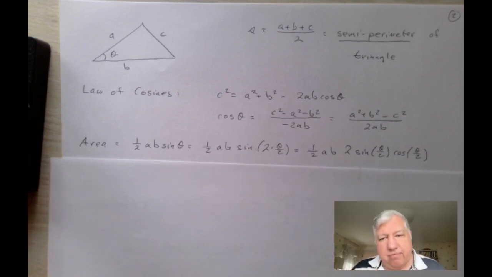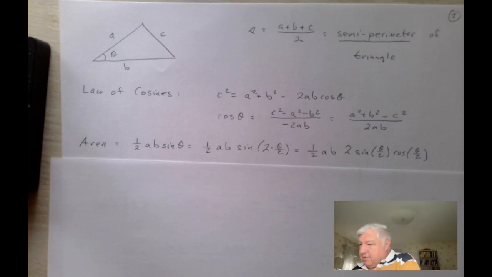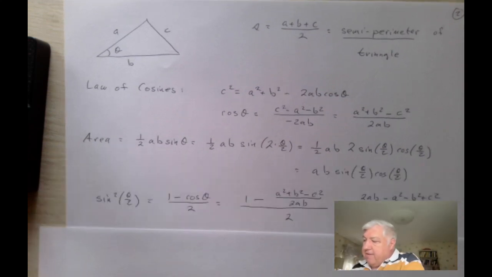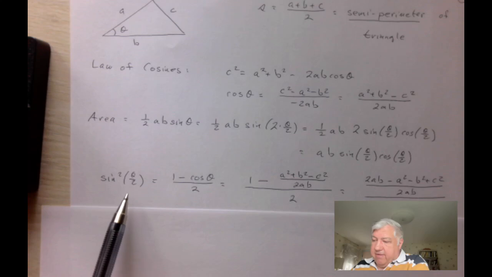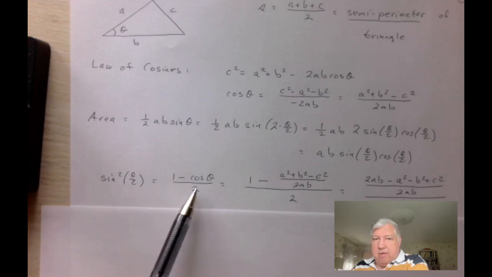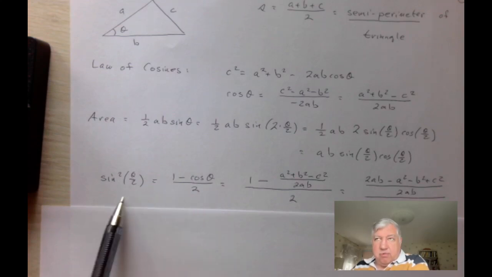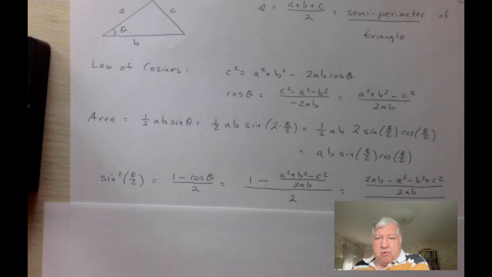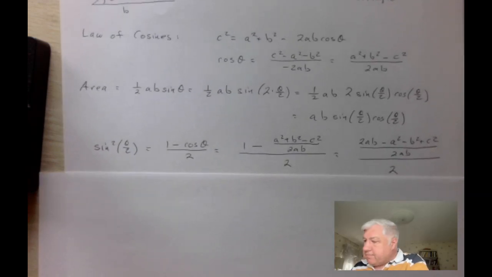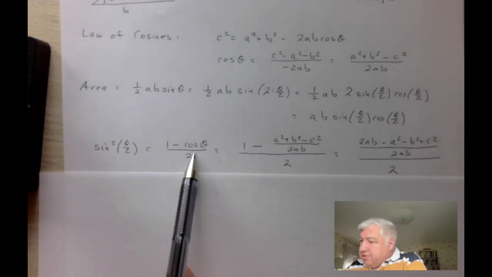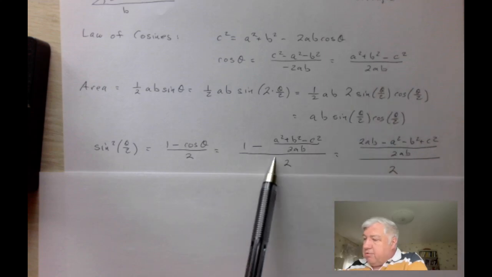Now we just have to remember the half-angle formulas. First, sine squared of theta over 2 is 1 minus cosine of theta, over 2. It's one of the formulas that you're either memorizing or writing down a lot. We can substitute this expression for the cosine of theta.